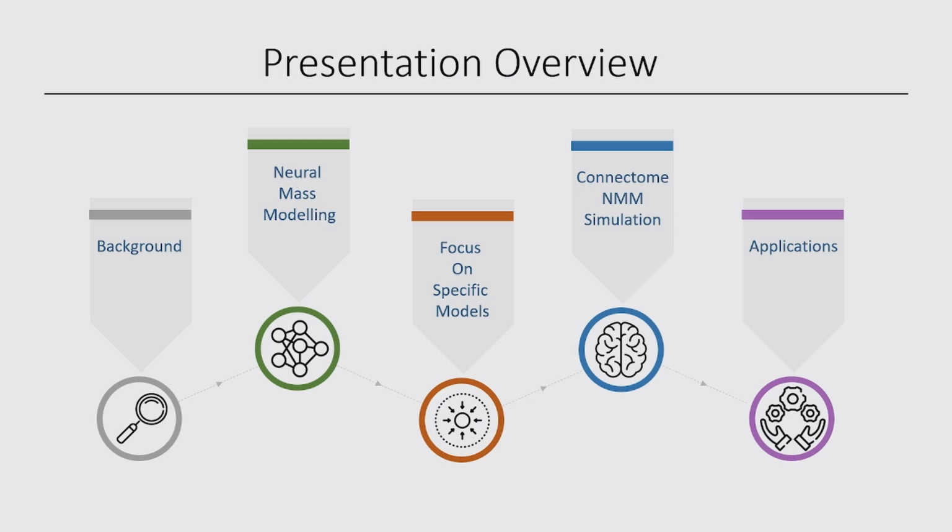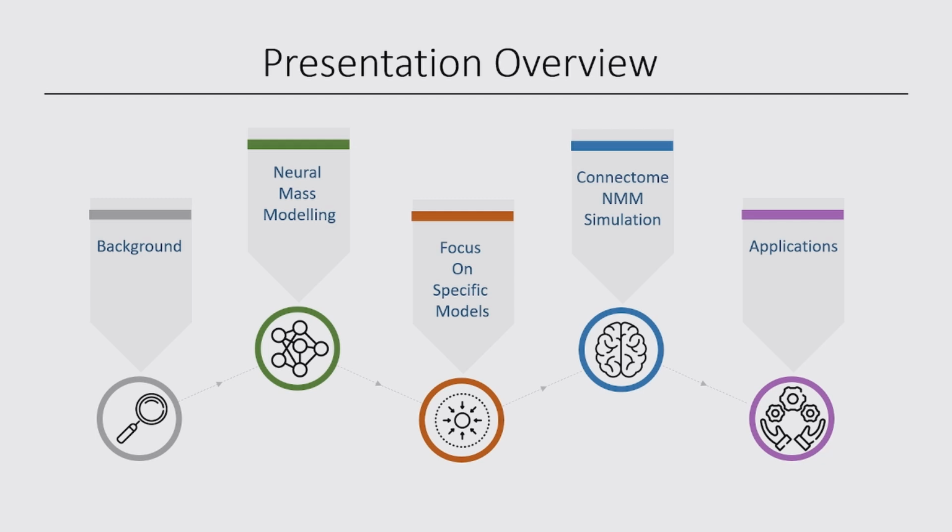So here's the plan. I'm going to do a little summary and describe the broader landscape of neural mass modeling and the flavors of modeling and mathematical approaches used in the field, many of which you've heard about already, but some of which you haven't. And then take a little bit of time to focus on three specific models as a kind of demo.